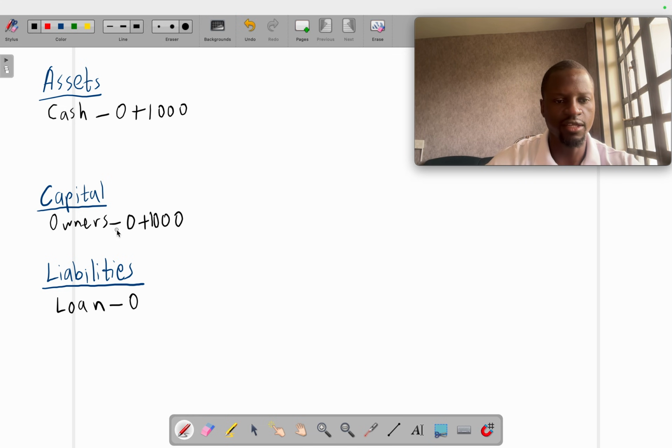The owners decide they additionally need more cash, so they take a loan worth 1,000 again. So if they take a loan worth 1,000, then we have an extra 1,000 as cash. So in this case, we have total assets as 2,000 and the total contribution of those assets as 2,000.